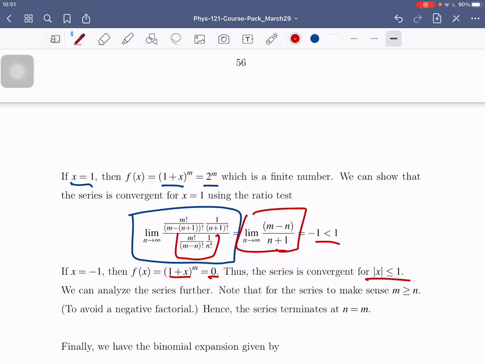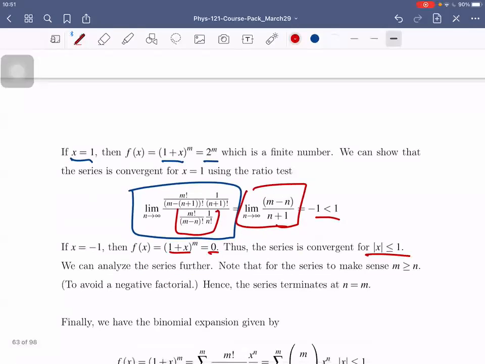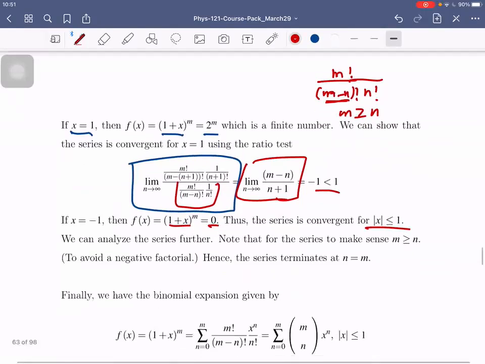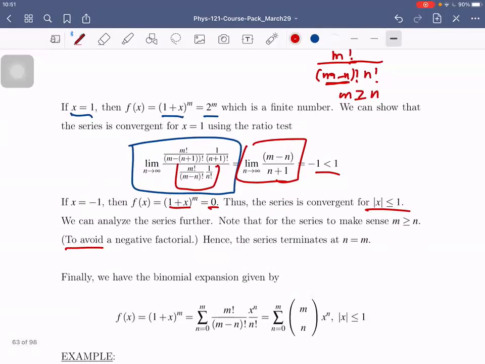So, we can analyze this further. So, we have to show here, of course, tingnan nyo yung factorial natin is m factorial over m minus n factorial. M factorial, no? It makes sense na yung m should be greater than or equal to n kasi hindi mo pwede negative. Okay? So that is to avoid the negative factorial.